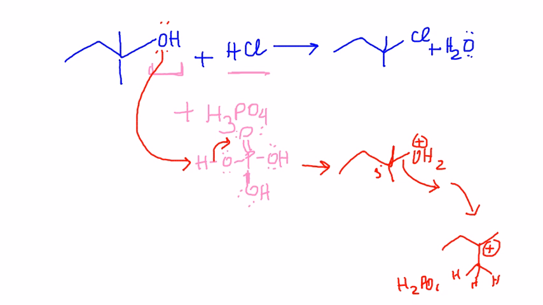and then since we are heating the reaction up, the H2PO4, which by the way is pretty bulky, and hopefully you can see that that negative charge doesn't quite stay on one single oxygen, so it's not localized. Rather, this conjugate base has been stabilized by, you guessed it right, resonance.